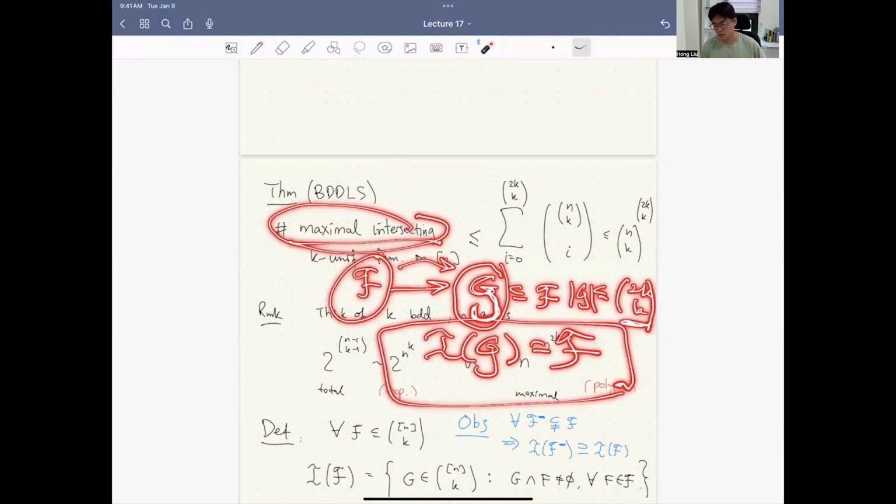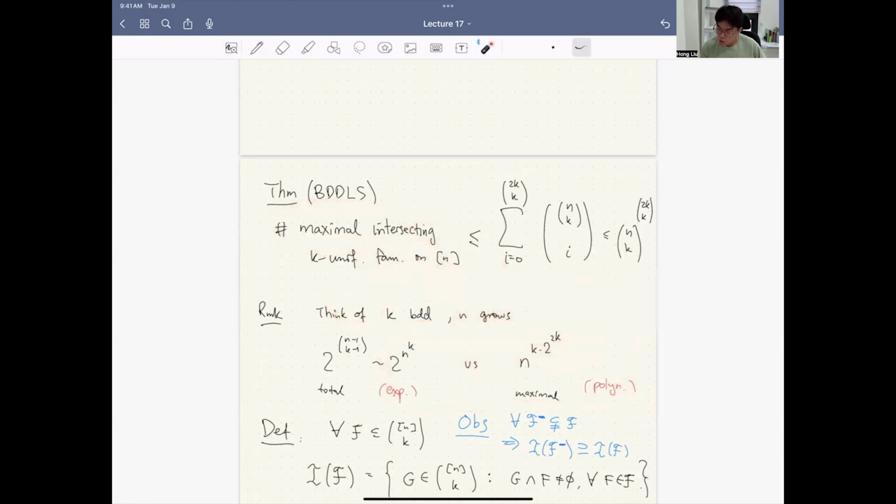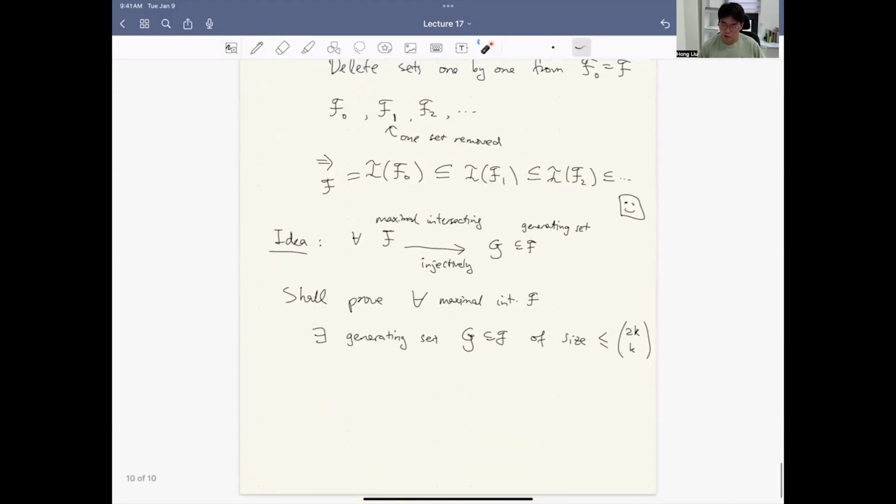And we only need to consider generating sets of size up to 2k choose k. The total number of k-sets is n choose k. Among all k-sets, the number of ways to choose a generating set of size 2k choose k is at most this summation. Done. The proof. So what remains to prove is this claim.